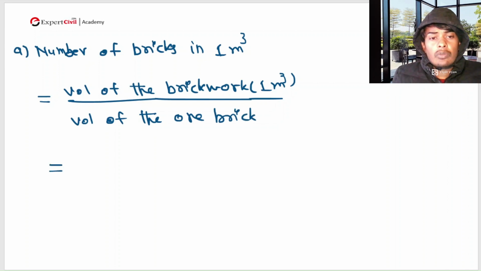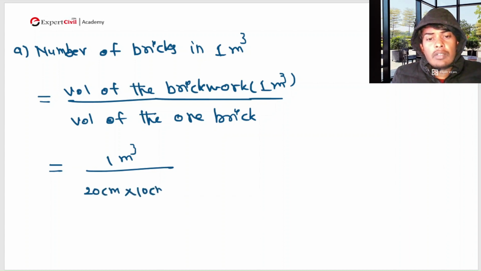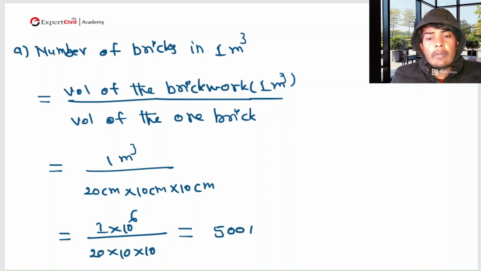So it is 1 meter cube divided by 20 centimeter into 10 centimeter into 10 centimeter. The unit here is meter cube and here it is centimeter, so we will convert our unit from meter cube to centimeter cube. So 1 into 10 to the power 6 divided by 20 into 10 into 10. So the number comes out to be 500.